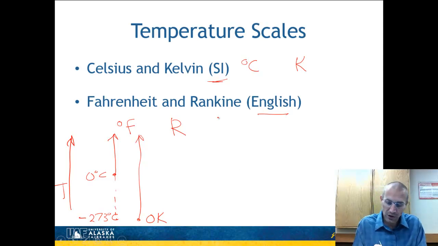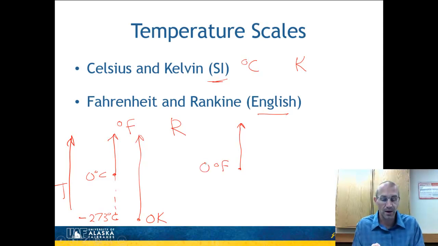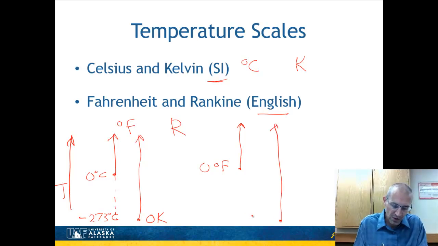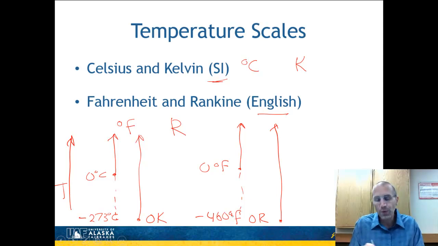Analogously, for the English system, we could have 0 degrees Fahrenheit there. The absolute scale, which starts lower, has 0 degrees Rankine here. And the corresponding number there is minus 460 degrees Fahrenheit. Both of these conversions are in your book, and you don't need to memorize them, but I bet you do by the end of this class.